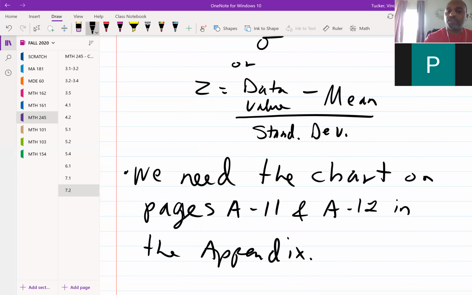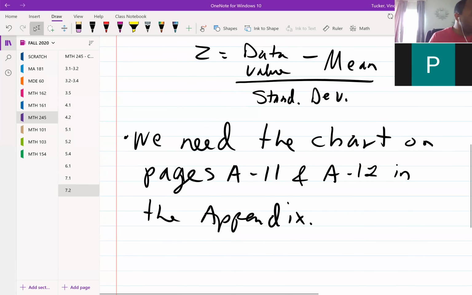We need the chart. We will use the chart on pages A11 and A12 in the appendix.